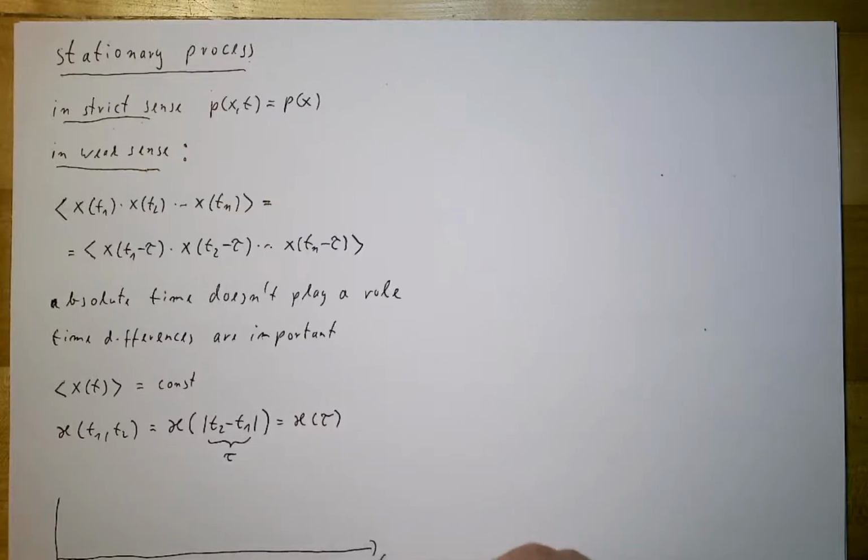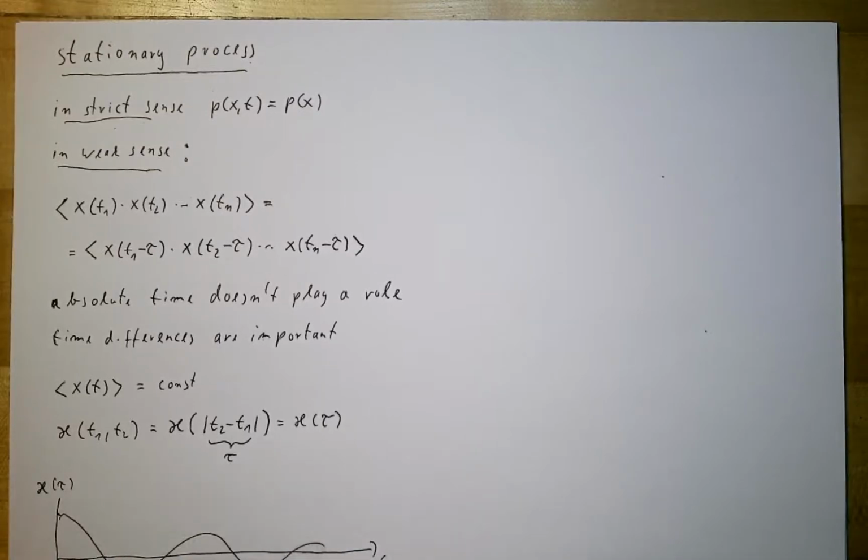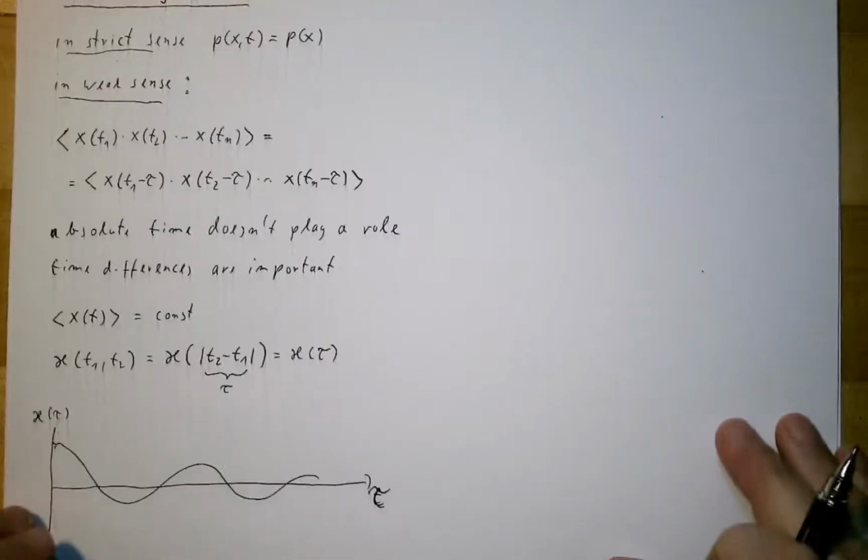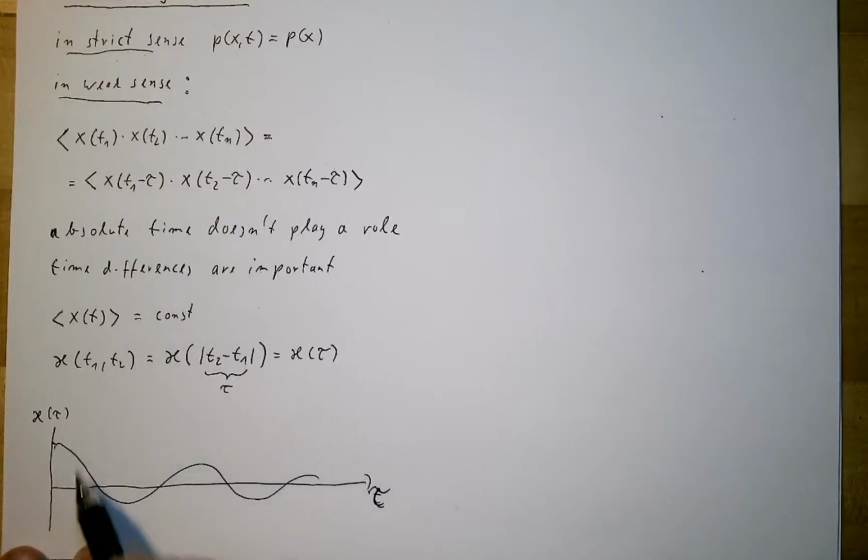So here if we have time and we have our correlation function, it's just a function which starts at a certain value and then changes in time. And that's why it's called autocorrelation or the autocovariance function. So it's just a function of the time difference which can be plotted.